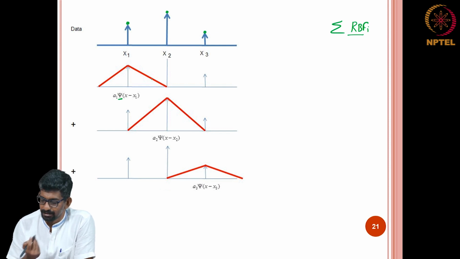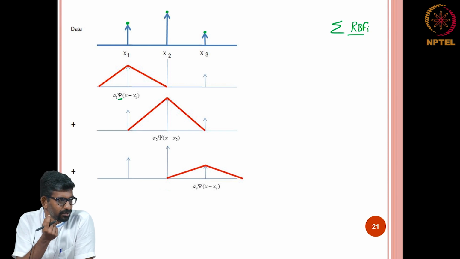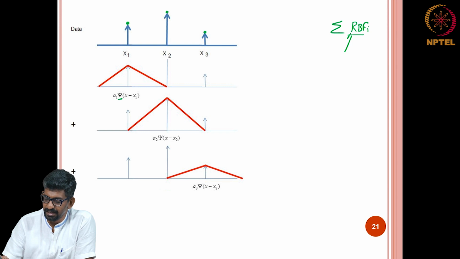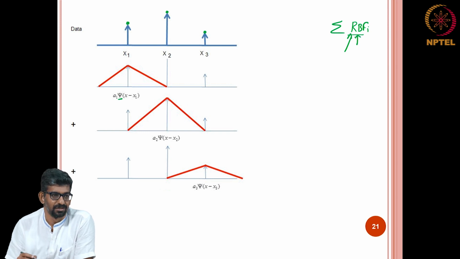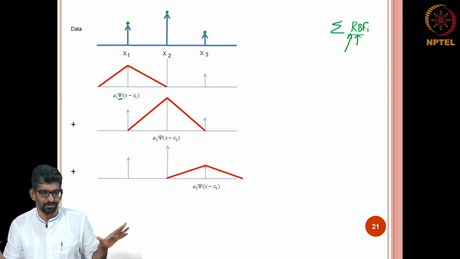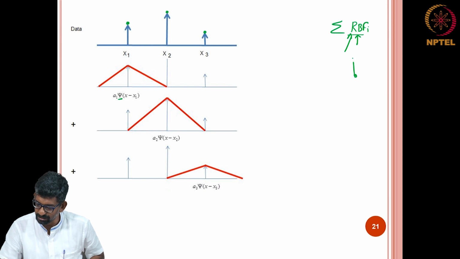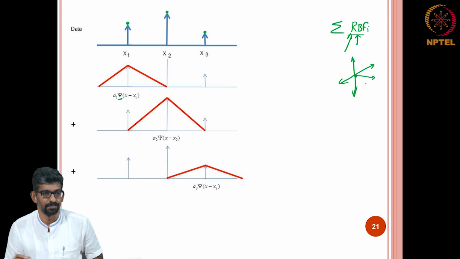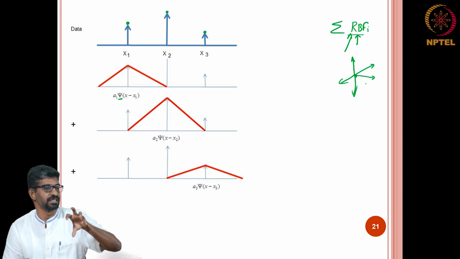See, if you just thought about it for a couple of seconds, it is very simple. It says radial basis. It is a basis function, it is in a radial sense. Radial means what? This is a point and it is in a radial sense. In a radial sense, it increases or decreases.